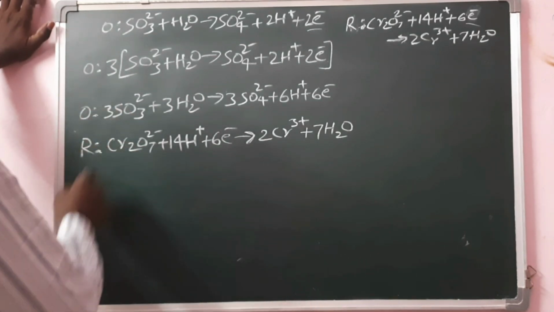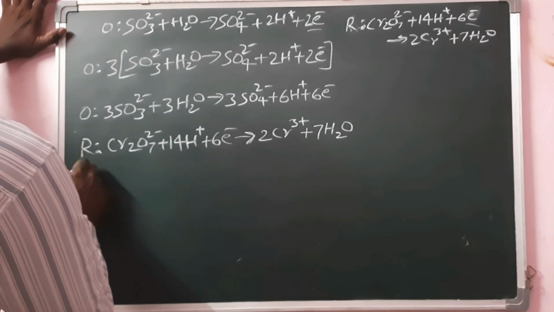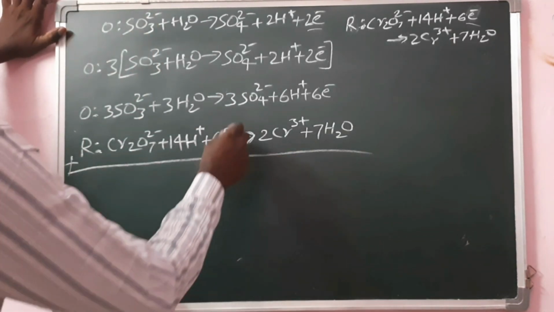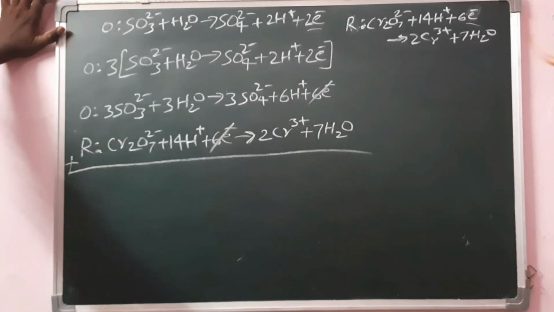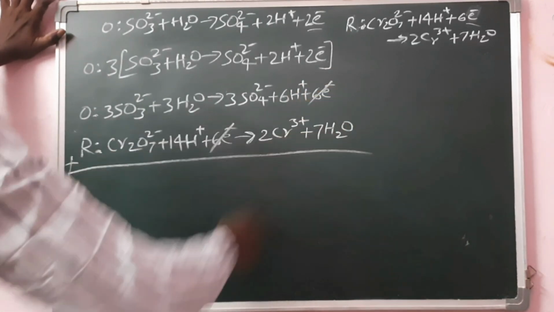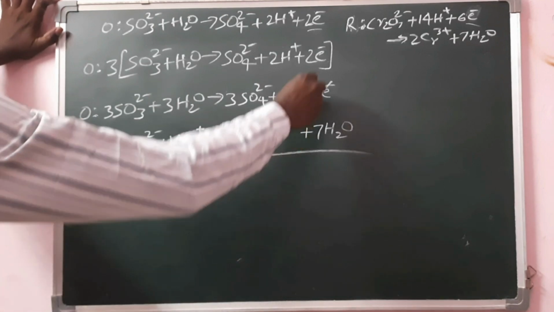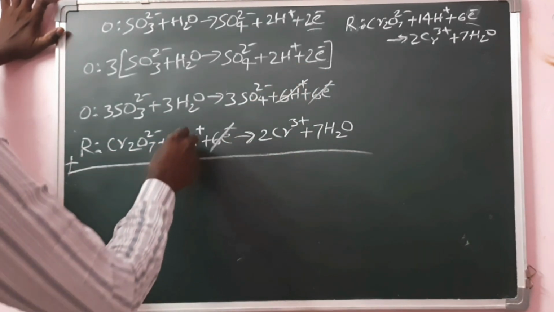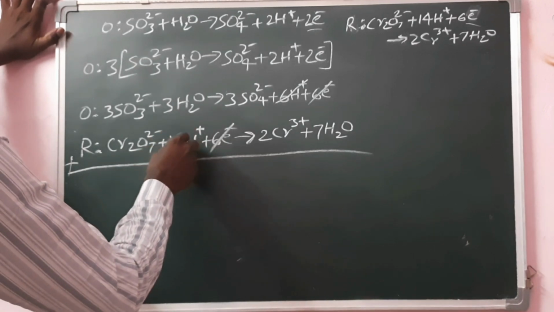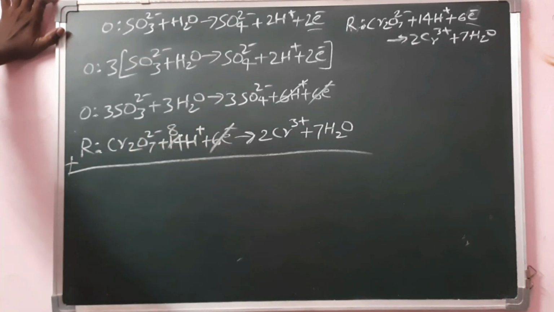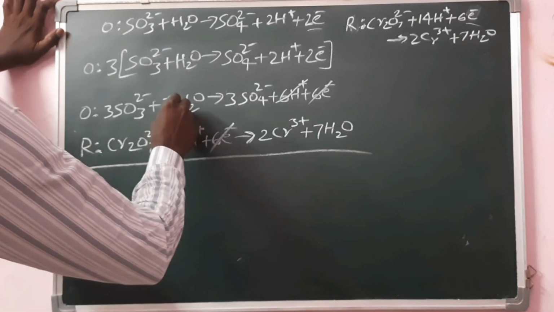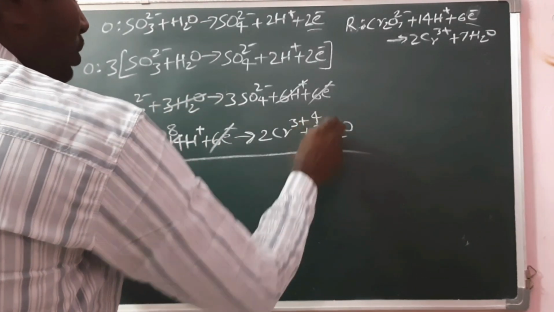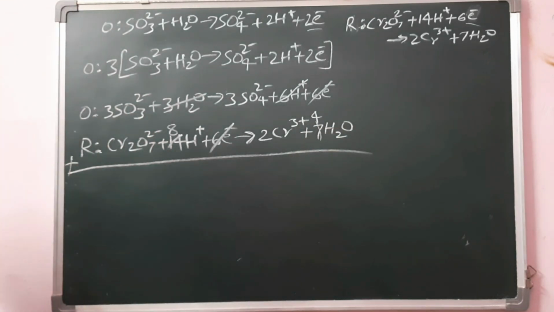Now we can add both reactions. So now we can cancel the same terms. 6 electrons cancelled. Here 6 hydrogen ions cancelled, and remaining here 8 hydrogen ions. Here 3 water molecules cancelled, and remaining here 4 water molecules.